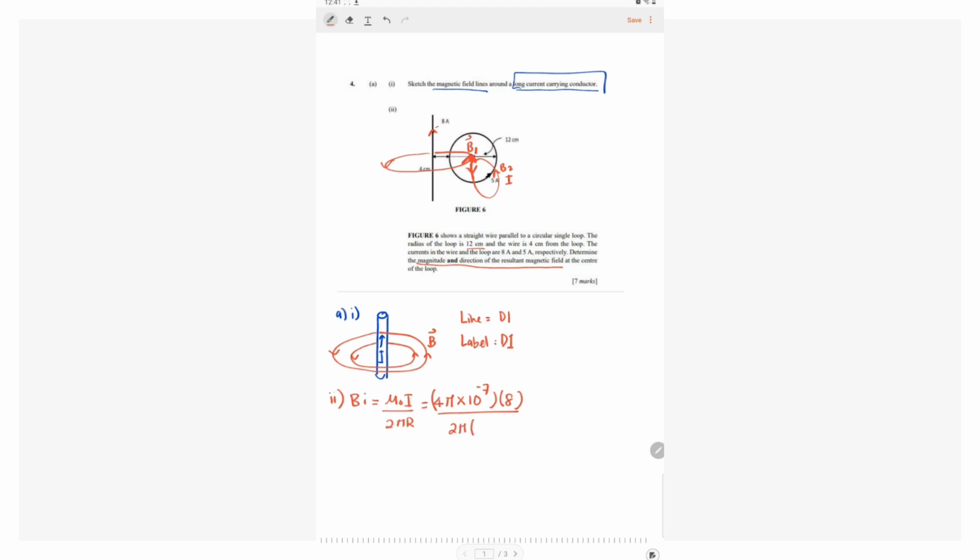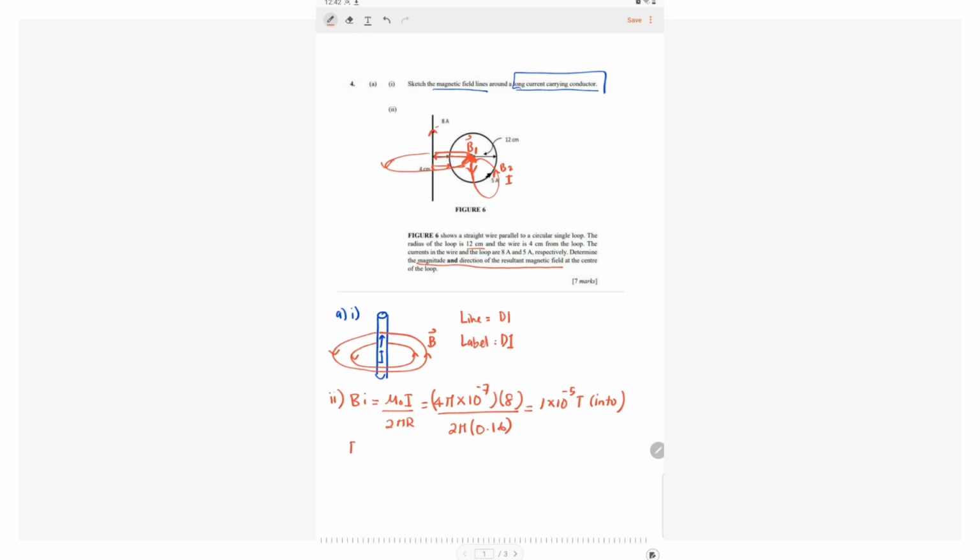Apakah jarak point itu daripada straight wire tersebut? Iaitu 4 tambah 12, 16 cm. So 0.16 meter. Maka kita dapatlah jawapan 1 darab 10 negatif 5 Tesla into the page.